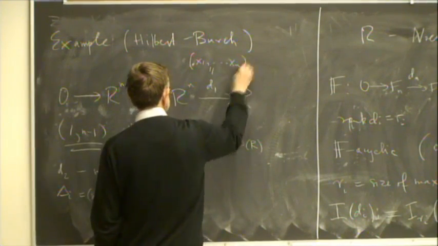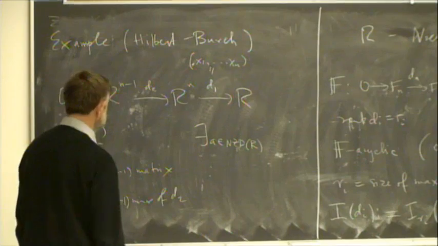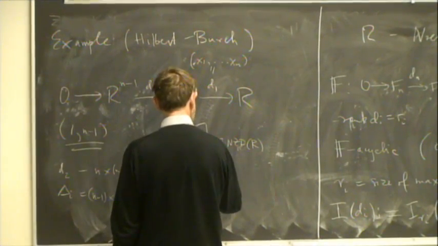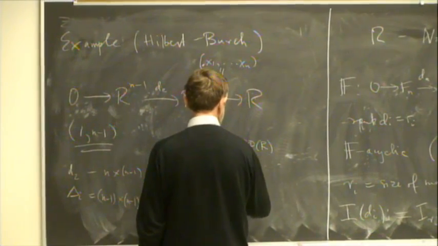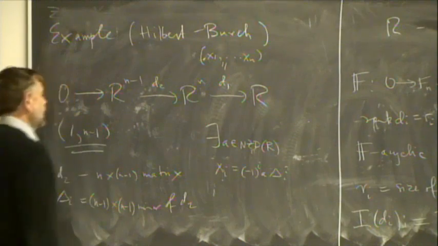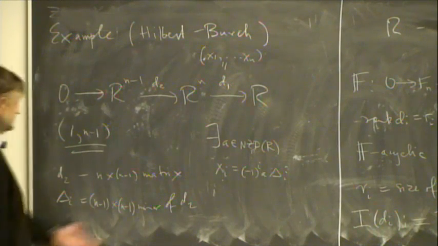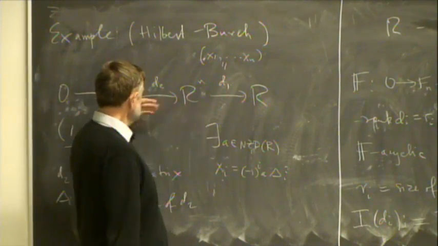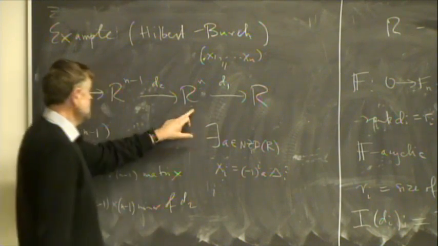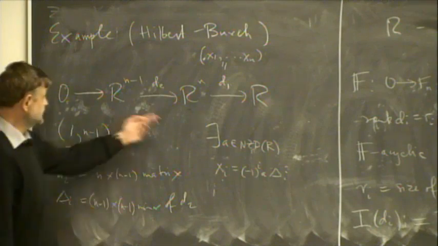So I pick my basis, and this is D2, this is a matrix, such that x_i is (-1)^i a delta_i. So what it means is that every such ideal that has projective dimension 1, when you look at the image of that map, is determinantal.